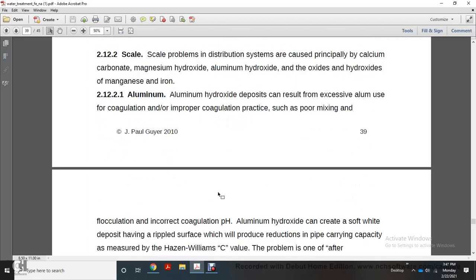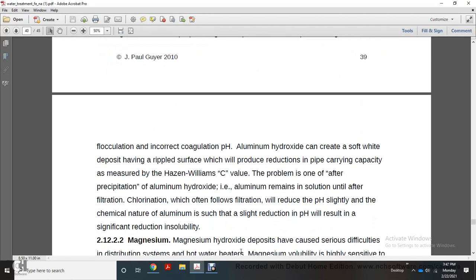Aluminum hydroxide can create a soft white deposit having a rippled surface, with a produced reduction in pipe carrying capacity. The problem is one of precipitation of aluminum hydroxide. Aluminum remains in solution only until after filtration. Chlorination, which often follows filtration, reduces pH slightly.